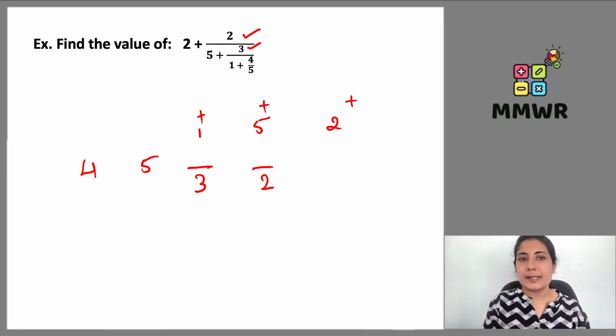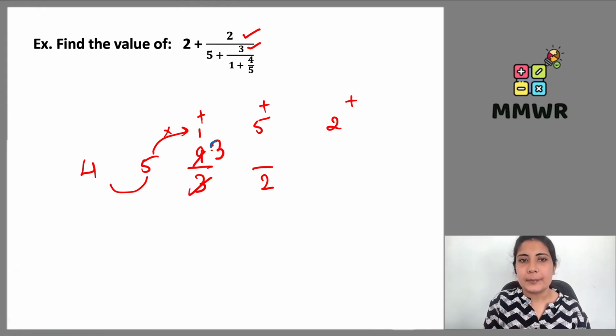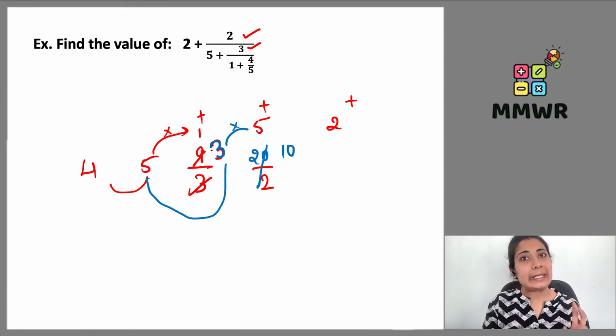After simplifying this much, 5 ones are 5 plus 4 gives me 9. 9 and 3 will get cancelled out and the new number we get here is 3. Now 3 5s are 15. 15 plus 5 is 20. Furthermore, we divide this, and 20 divided by 2 gives me 10.